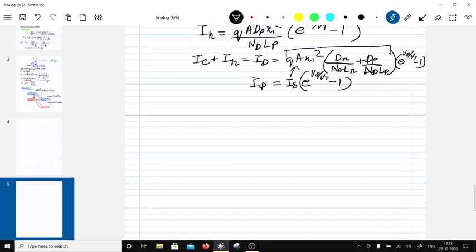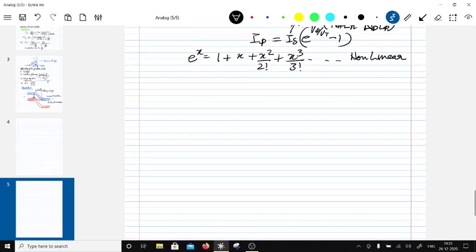Okay, so now we know what is a diode current, right? Diode current has an exponential relation to the diode voltage. Now if I do that, I can say that e raised to x can be represented as a Taylor expansion as 1 plus x square by 2 factorial plus x cubed by 3 factorial and so on, right? So notice that I have this x square, so this becomes non-linear.